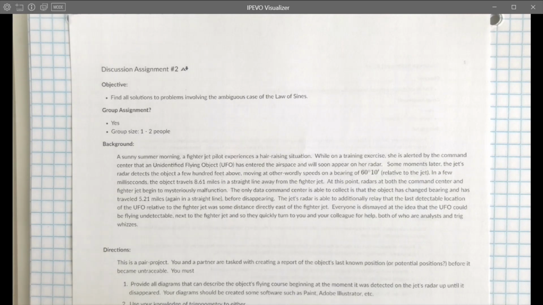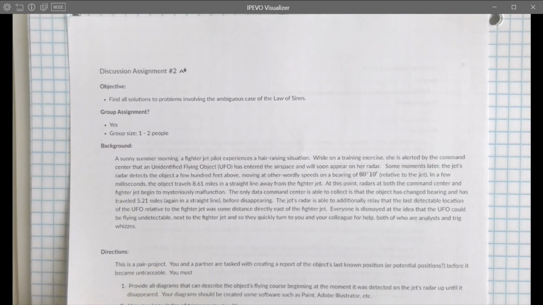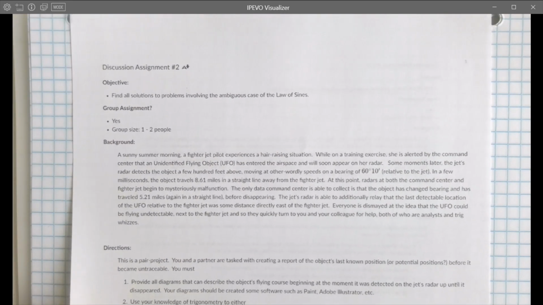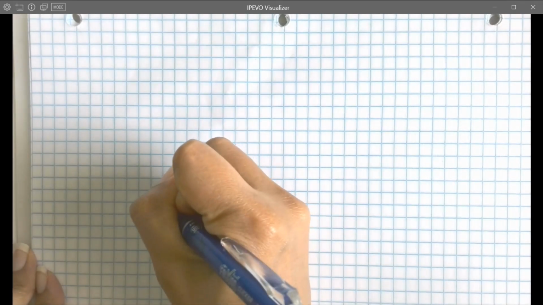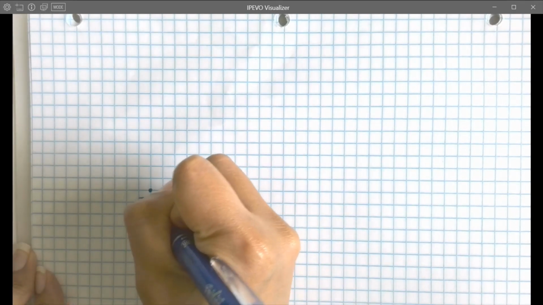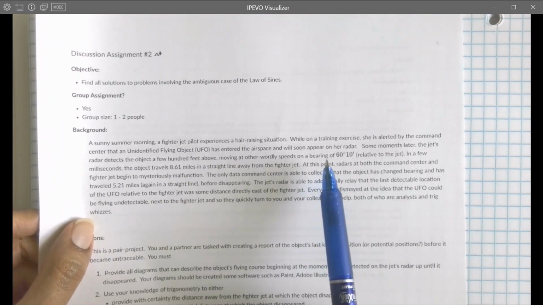Okay, so the first thing that we should try to do is take the initial data, initial position of the jet and the UFO. Let's just say that this point here represents my jet, and that's the point at which the jet first detects the UFO. Now, what do they tell us about when they first detect the UFO?